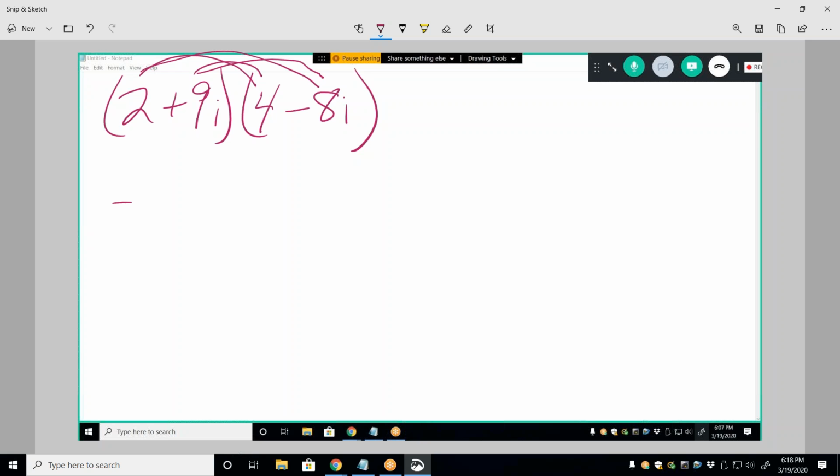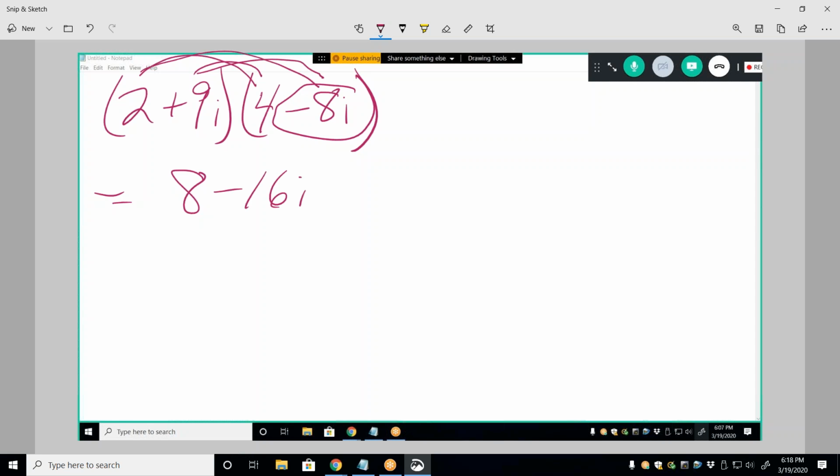So what do you get when you multiply the first? 8. What do you get when you multiply the outside? 16i. You have to multiply it including the sign, so negative 16i.